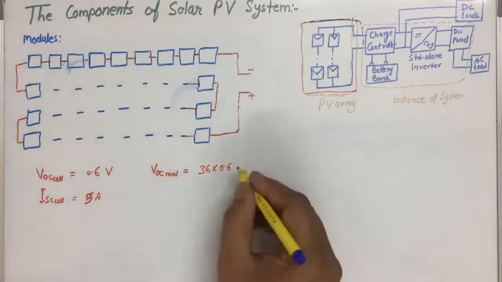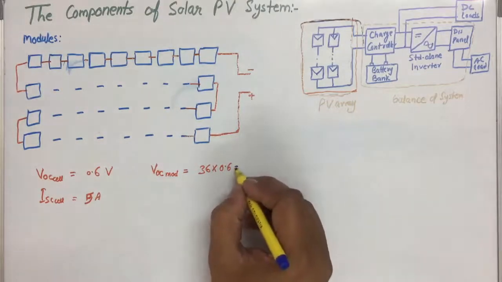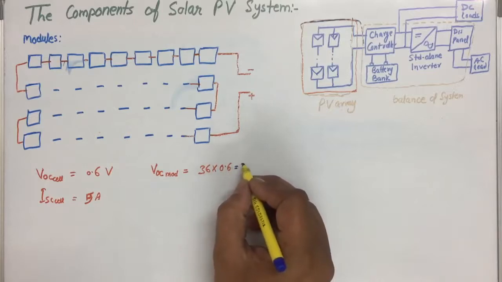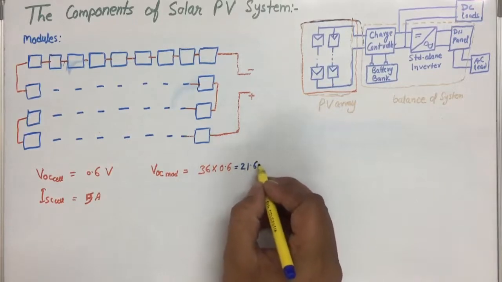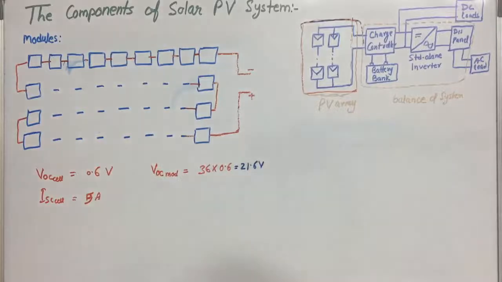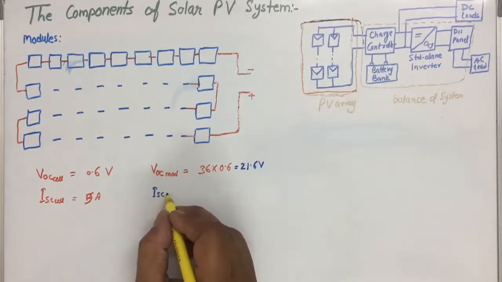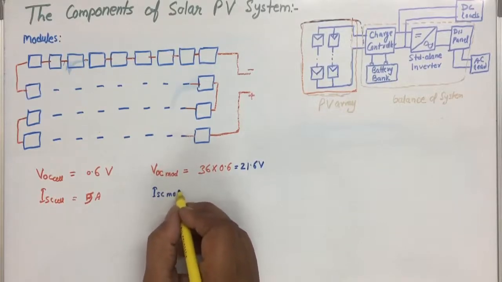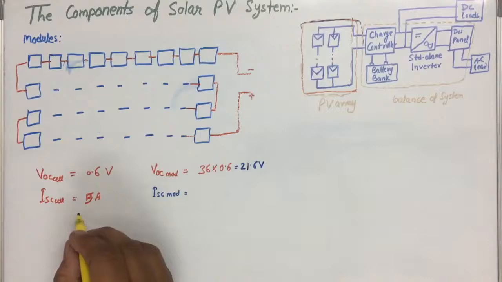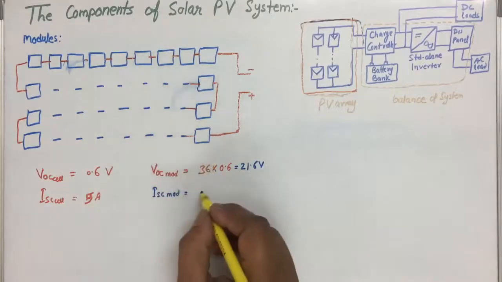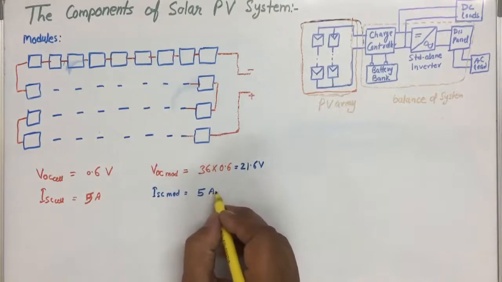So the sum of 36 voltages, that is 36 times 0.6, will give us 21.6 volt. Similarly, the short circuit current of the module will be how much? It remains the same if the cells are connected in series, so it will be 5 ampere.